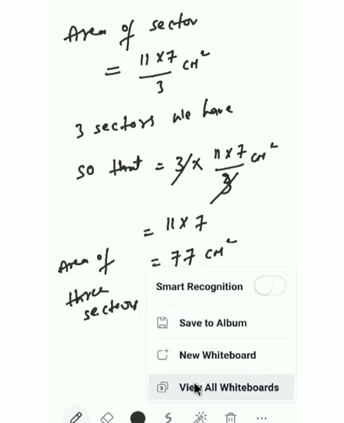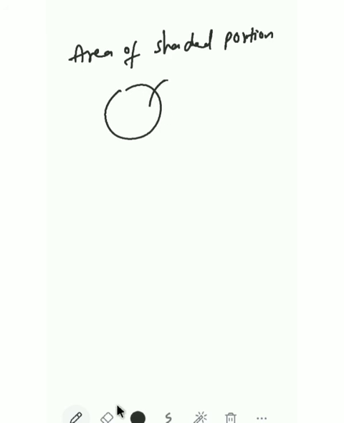So the area of the shaded portion, which is nothing but, I will show you the shaded portion. This is the shaded portion. This area we are finding now.